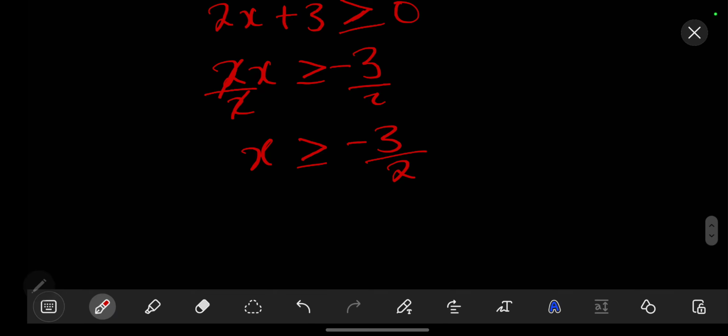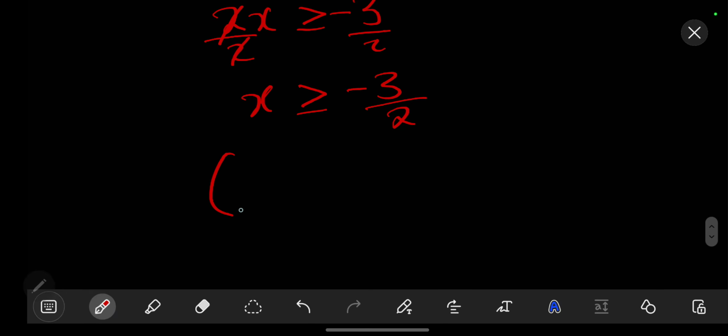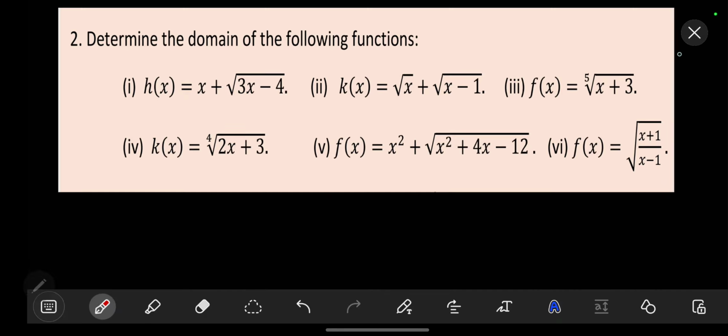Now to write this in interval notation, since -3/2 should be included, we use a square bracket and say -3/2. If x is greater than this, the highest value will be positive infinity. It continues like that.